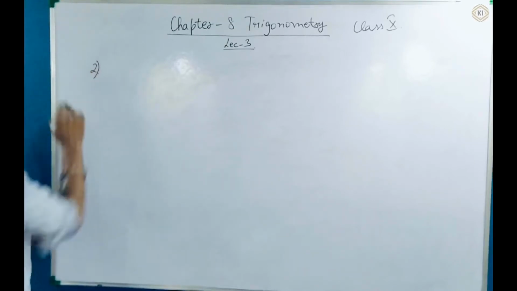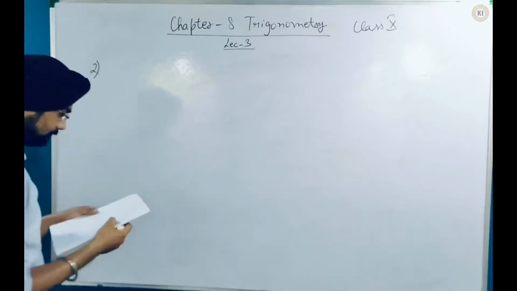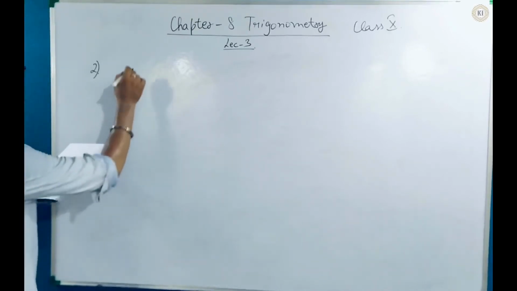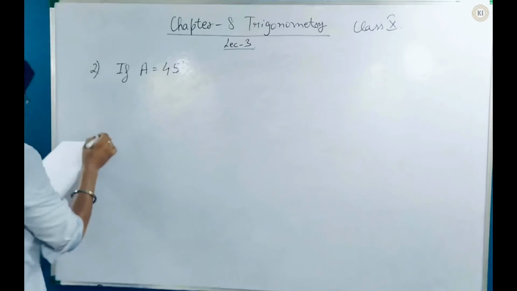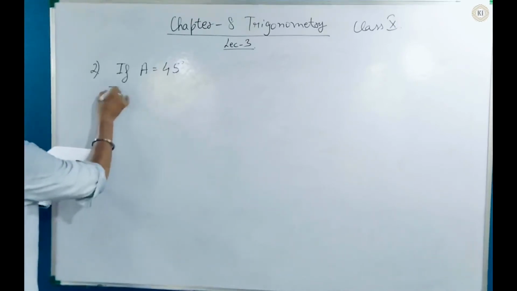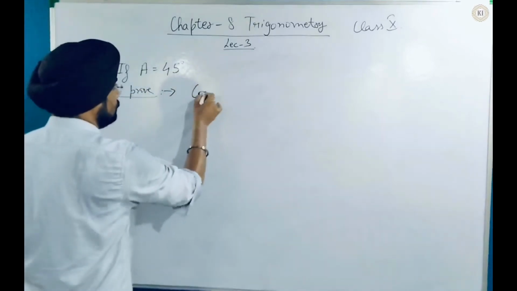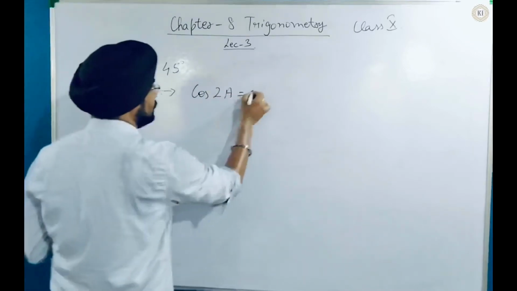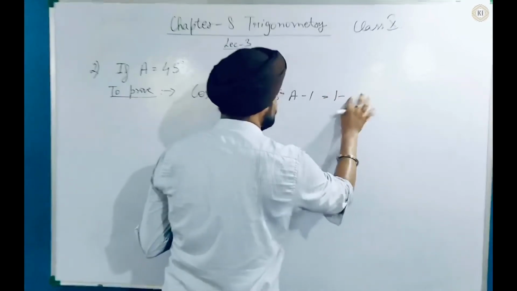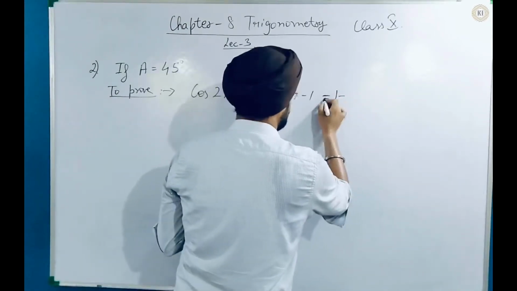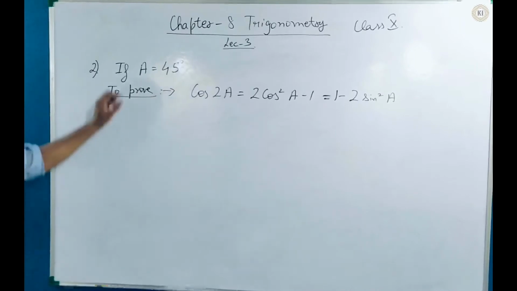Now question number second is saying, if A is equal to 45 degree, then prove cos 2A is equal to 2 cos square A minus 1 is equal to 1 minus 2 sine square A. So you can see that value of A is 45 degree.